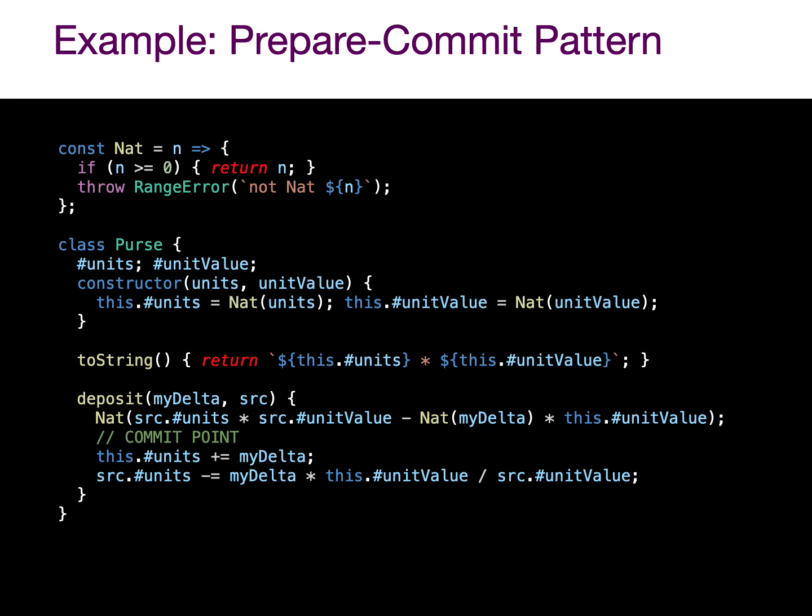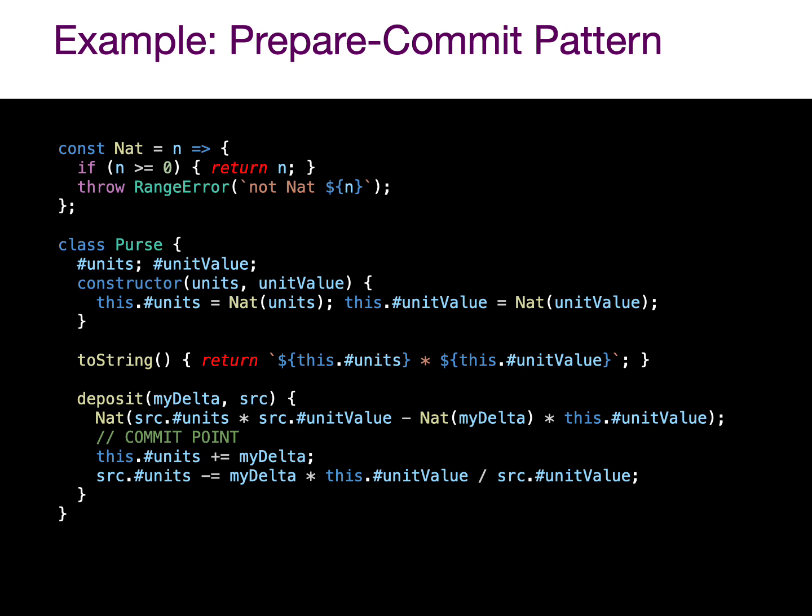At the top here, this is just a validity checker. It's a NAT that takes a number, and if the number is a natural number, i.e. non-negative, it returns it, otherwise it throws. The instances of class Purse each represent a holder of money such that money can be moved from one purse to another.